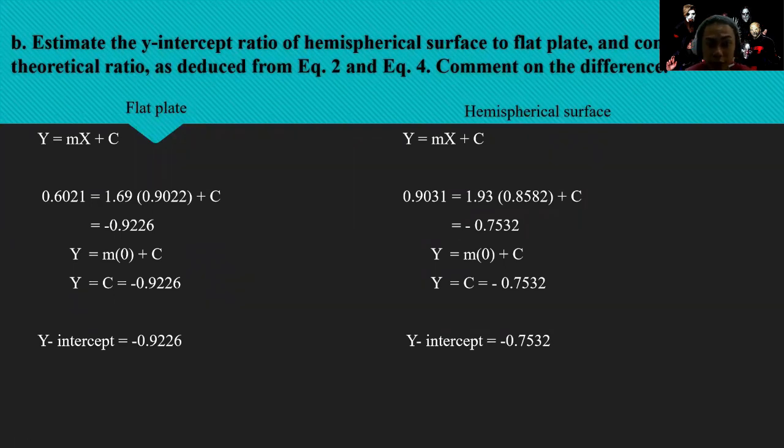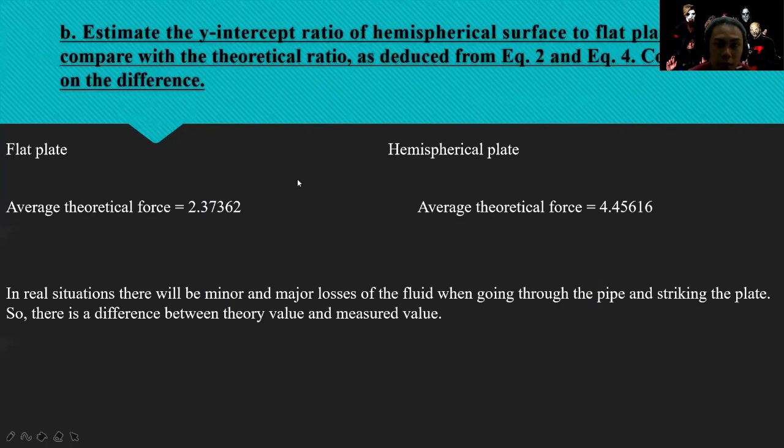The second question is, we must estimate the y-intercept ratio of hemispherical surface to flat plate, and compare with the theoretical ratio as we deduce from equation 2 and equation 4. This is the flat plate that we got. The y-intercept is negative 0.9226. We use the same equation, y equals mx plus c. For hemispherical surface we also use the same method and get the y-intercept, that is c.